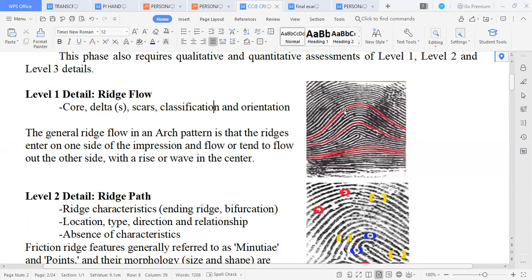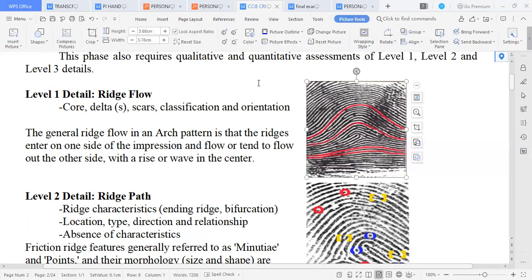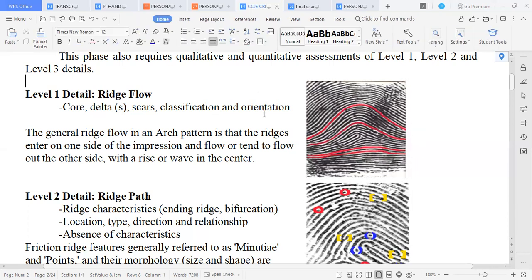Let us take a look at this image and try to look at the ridge flow. Basically, the ridge flow that you would see in here belongs to an arc pattern, because the ridges enter, have a wave or rise at the center, and then flow to the other side. So it looks like an arc. What if you happen to see a circuit or circular flow in a fingerprint?